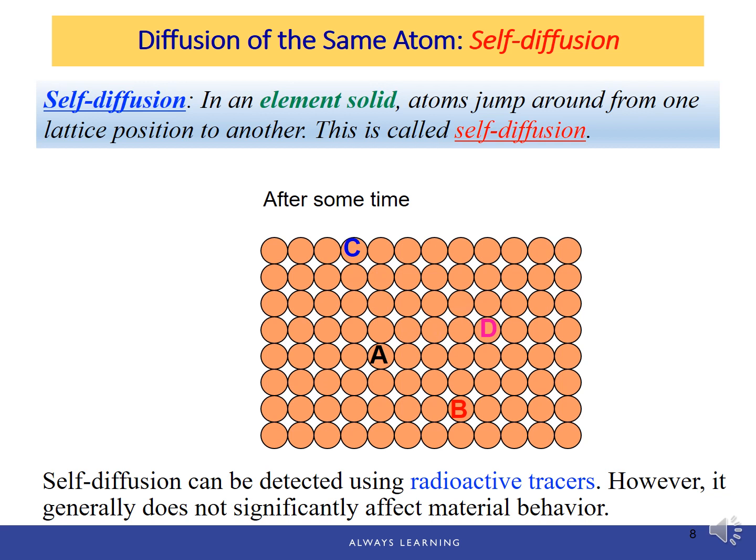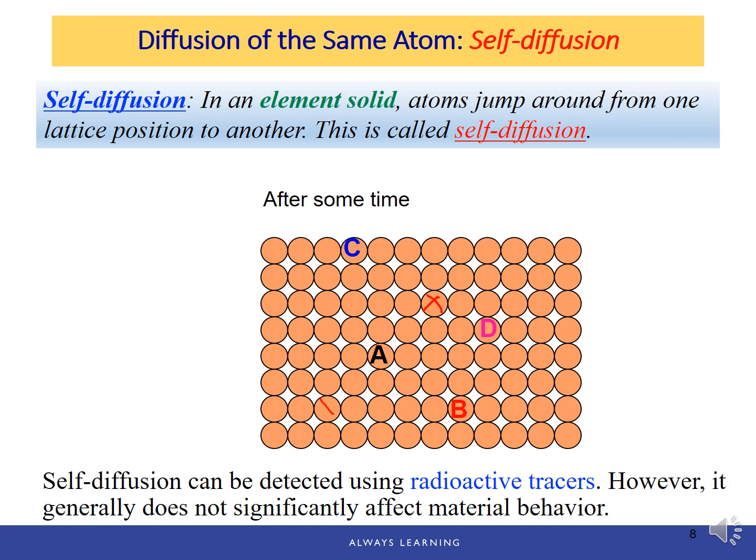One thing I should mention is that I missed something from this lattice arrangement, which is vacancies. Think about it: if there's no vacancy, the atoms have no spot to move into. There's no way for the atoms to move. So I should have included some vacancies. For example, here is one vacancy, or an empty spot, where atom A can move into, or atom C can move into, or other atoms can move into.